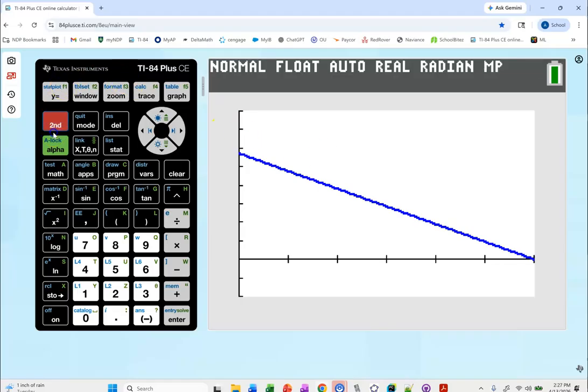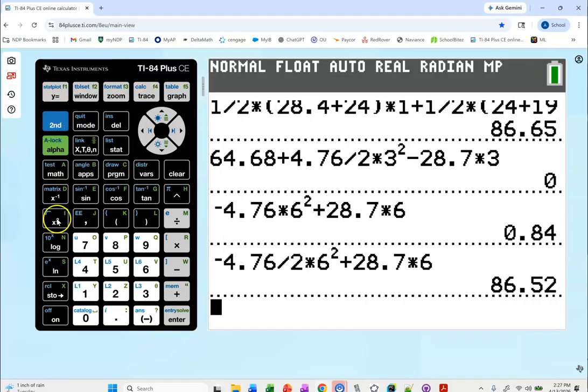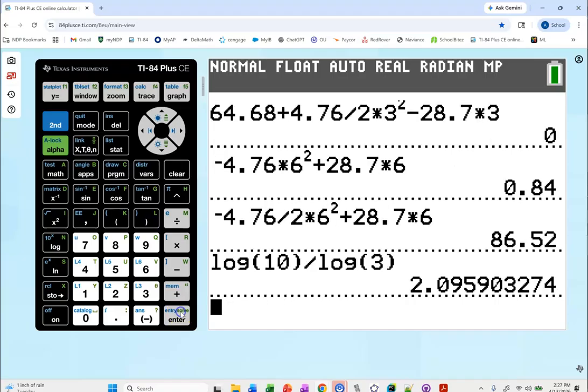So I just pull out my calculator then. Log 10 divided by log 3. There's my answer.